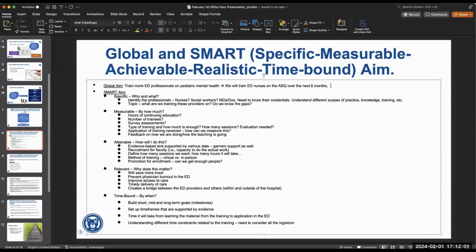Is it measuring the tool, ASQ? There you go. How many nurses want to receive CE? Oh, that could be in addition to. So keep dropping things in the chat. It'll help me create something.